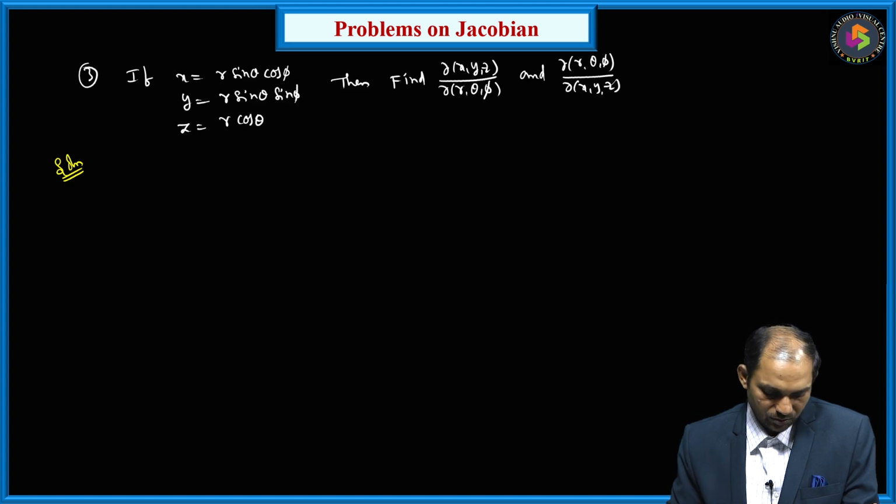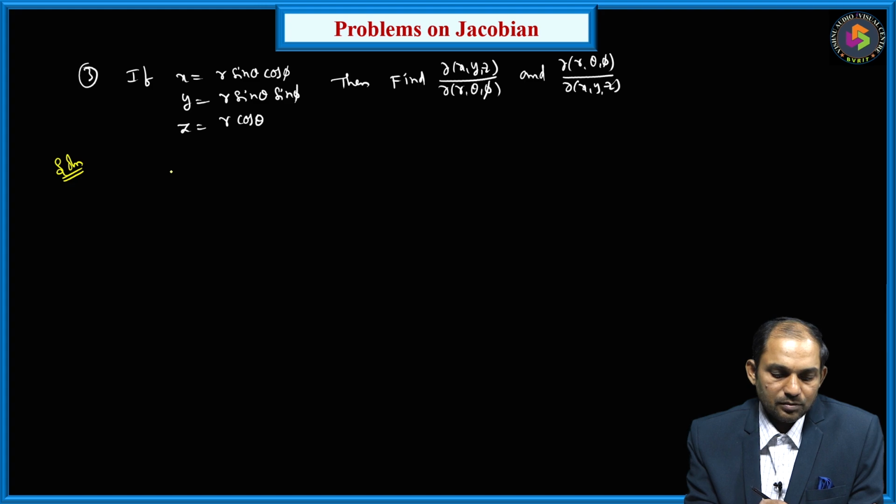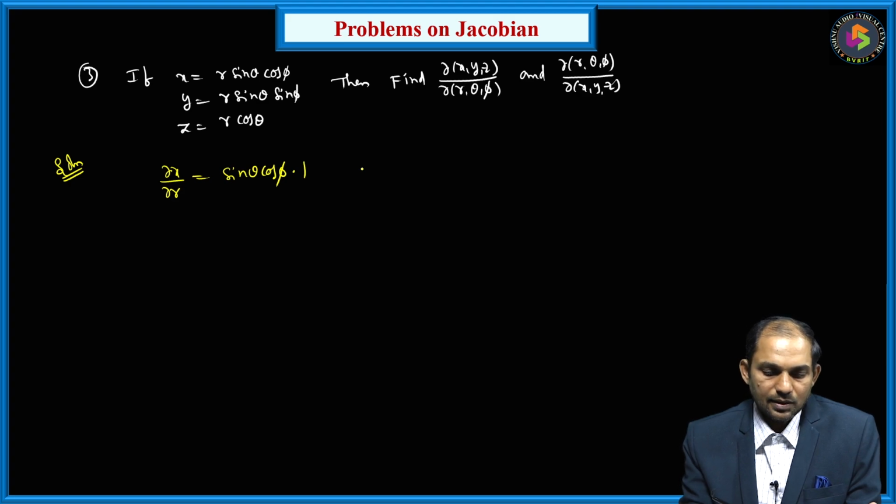So, we are going to find the solution of this problem by computing the partial derivatives of the dependent variables with respect to all possible independent variables. Everyone should note here that x, y, z are dependent variables, and r, theta, phi are independent variables. First we compute partial derivatives. So, dou x by dou r: sin theta and cos phi are treated as constant, and the derivative of r with respect to r is 1.